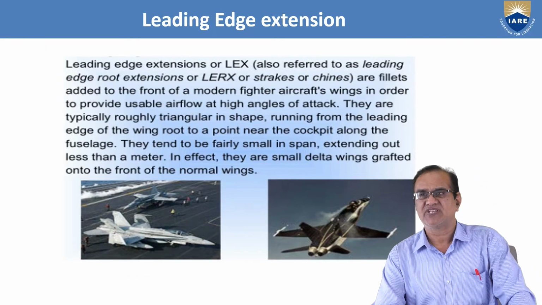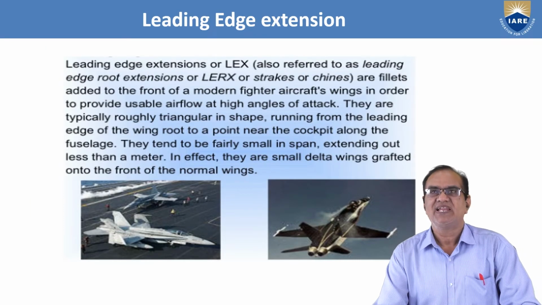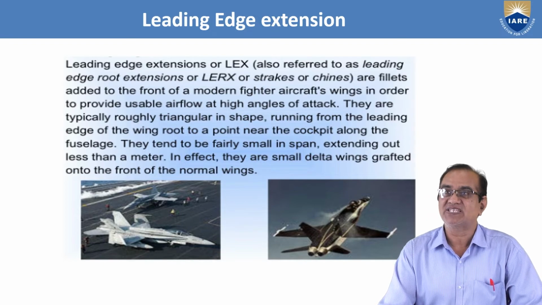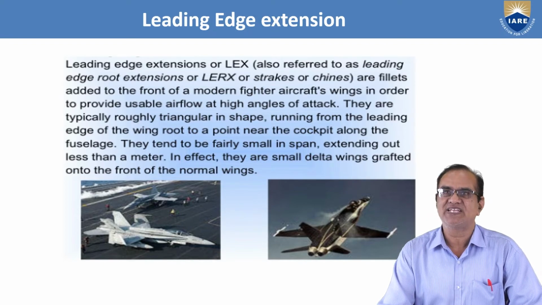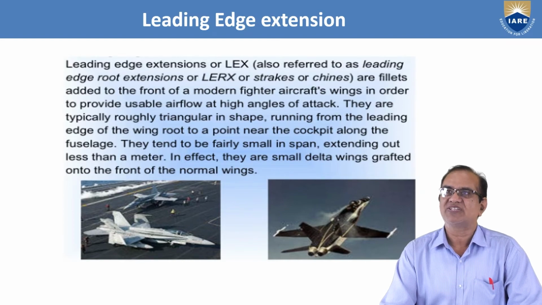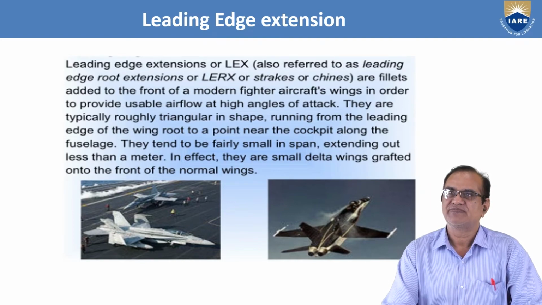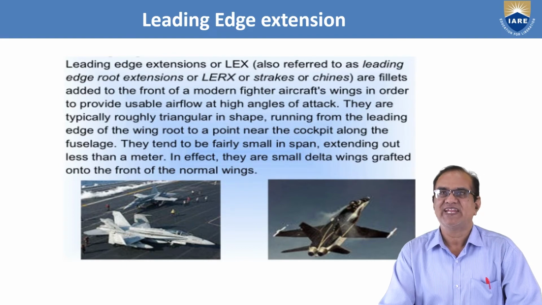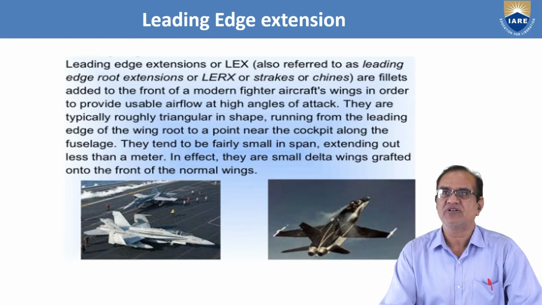Leading edge extension, or LEX, also referred to as leading edge root extension, or LERX, or strake or chines, are fillets added to the front of the modern fighter aircraft wing in order to provide usable airflow at high angle of attack.